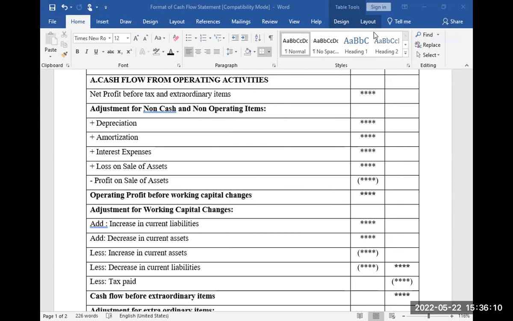First one: suppose in the P&L account there was a depreciation of rupees 30,000, and the net profit is 1 lakh. What is the real cash profit? After minusing depreciation, your profit is 1 lakh, but depreciation is not a cash expenditure.